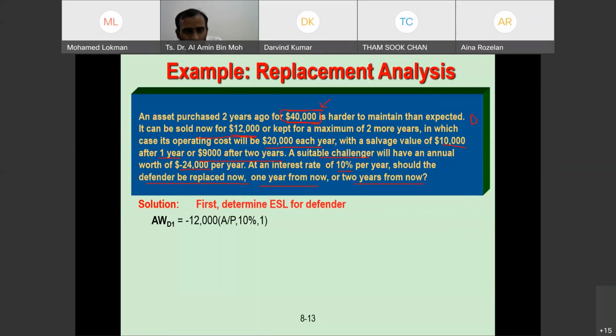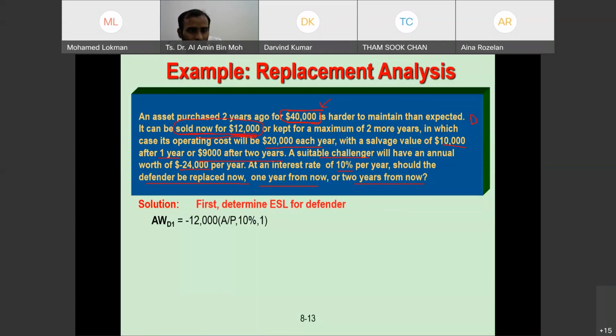They are asking here, defender replaced now, 1 year from now, or 2 years from now. So you are asking, what if the defender is to be replaced at year 4 and above? Basically we are not going to include the initial cost because it's also in the past, right? They give the market price.